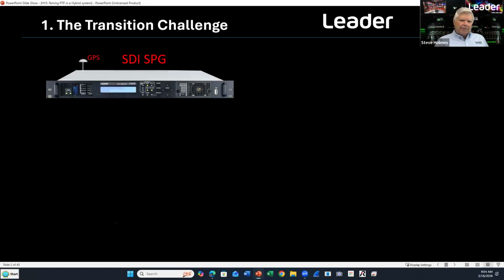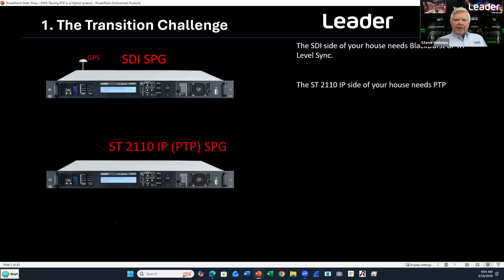It provides all of the signals for our black burst, tri-level sync needs, test patterns, and everything for our existing SDI plant. But when we want to branch out and get into SMPTE 2110, we're going to need to provide PTP out of an SPG now.